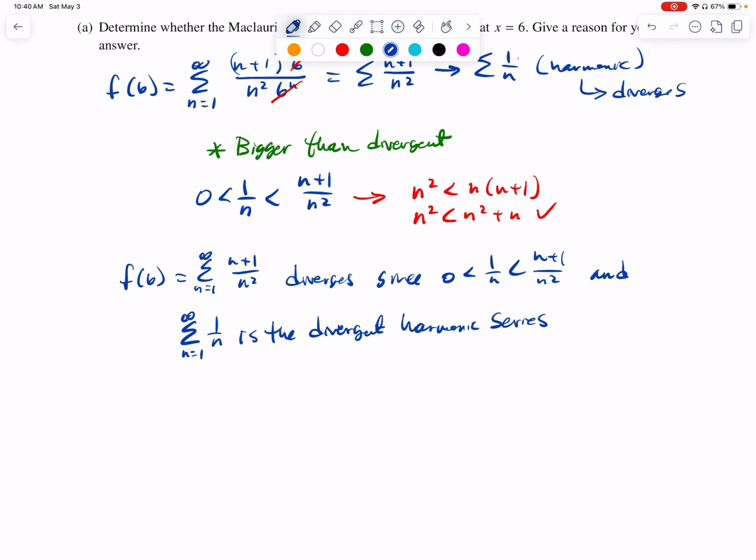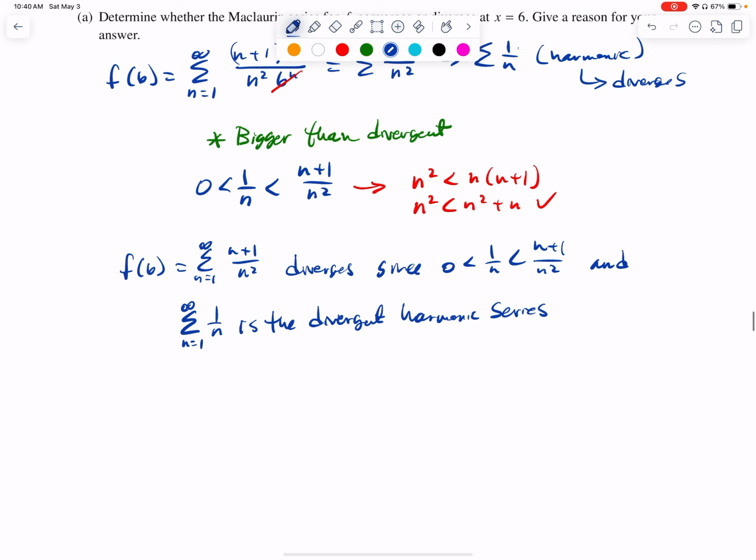And you can point out that that is the p-series test where p is equal to 1, but making a connection to it being harmonic should be fine, and I might even just say by the direct comparison test.